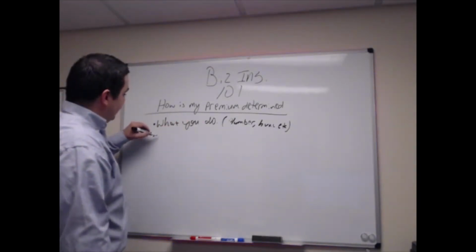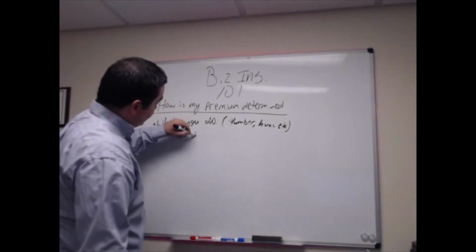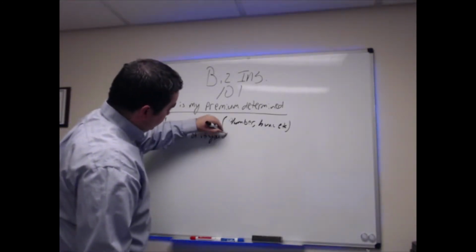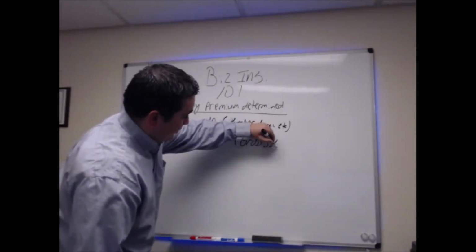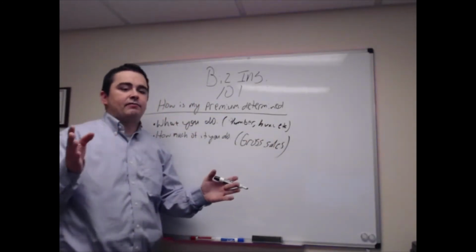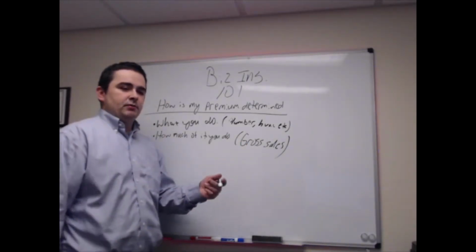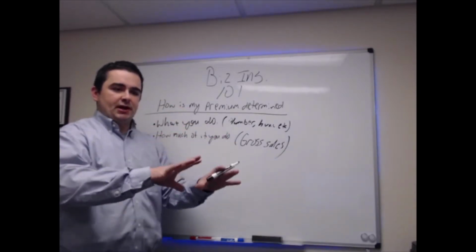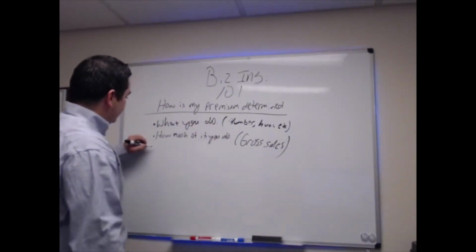Next will be how much of it you do. So basically your gross sales, how much work you do every year, how much money you make every year. So if you're an HVAC contractor, how many jobs you do, how much sales you do every year. It's based off of that.